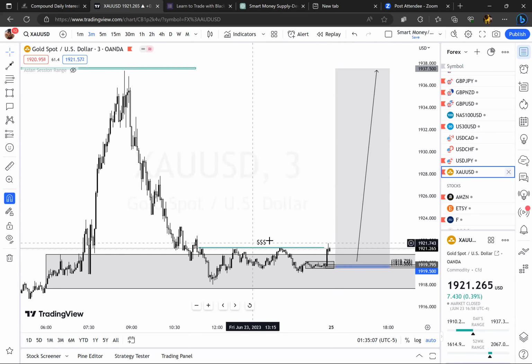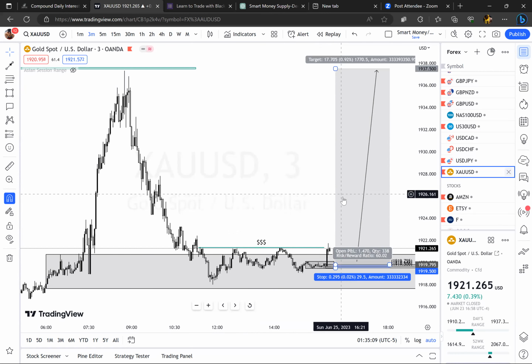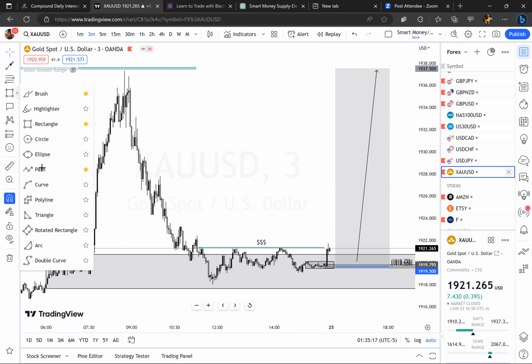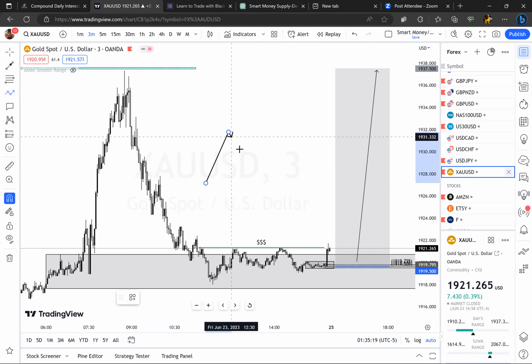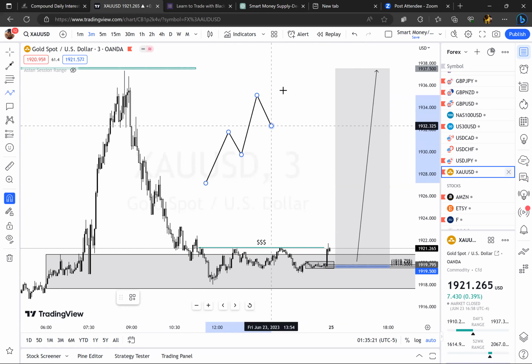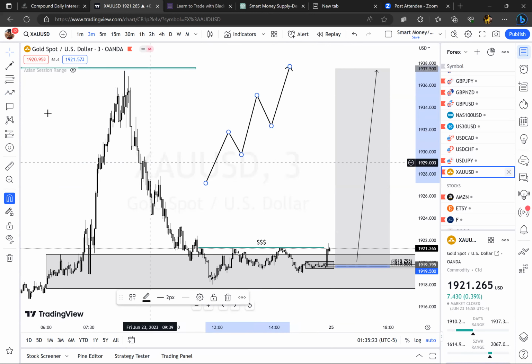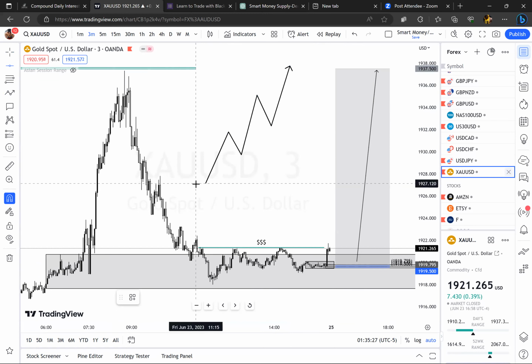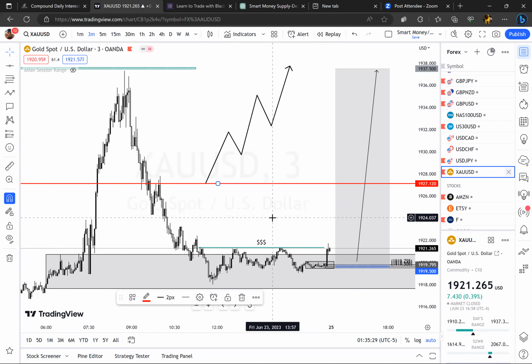The way I do that, I use structure. We go up, make a pullback, go up again. When it breaks that structure, watch this. This is how I manage a trade. Price going up. All right. This is my entry right here, at the horizontal line.